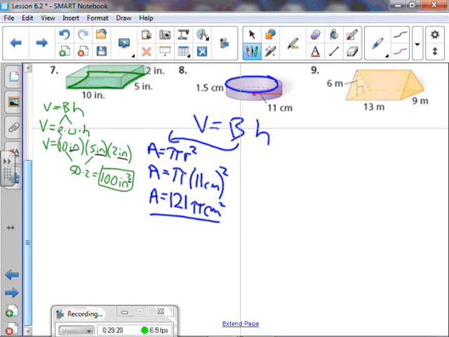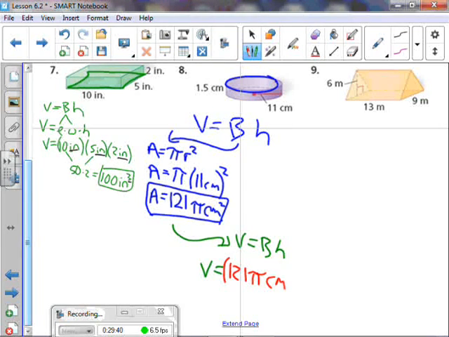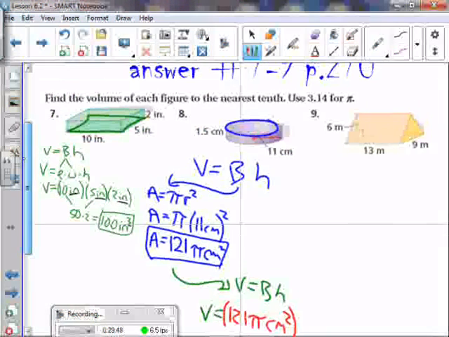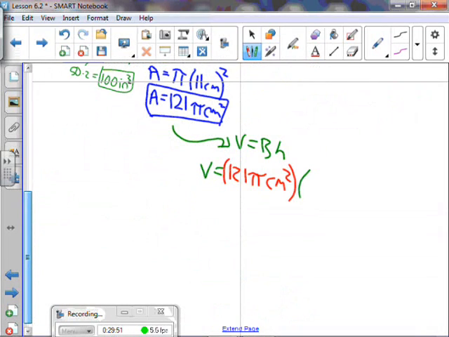So we'll just leave this like this, and we will plug back into our formula because remember, we're in the middle of a formula here. Volume equals base times height, but we just found the base, so volume is equal to your base, 121 pi centimeters squared, and then times your height, which we have given as 1.5 centimeters.